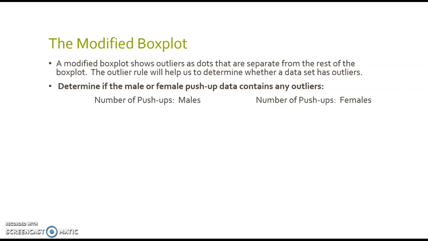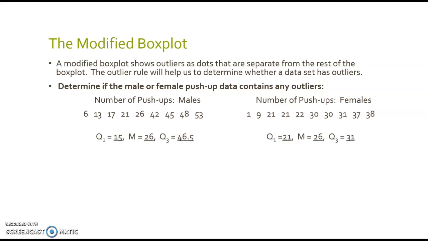We multiply that interquartile range by 1.5. Then we subtract that value from Q1 to get what we call the lower boundary, and we add that value to Q3 to get what we call the upper boundary. So basically anything that's more than 1.5 IQRs beyond the edges of the box in your box plot will be considered an outlier.